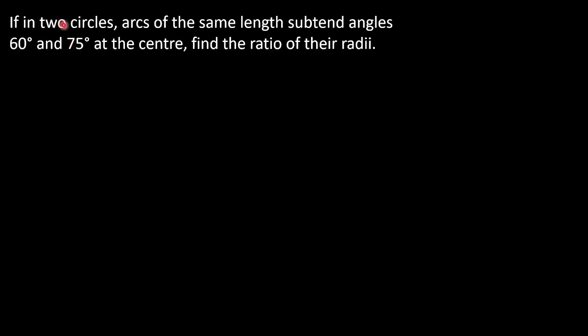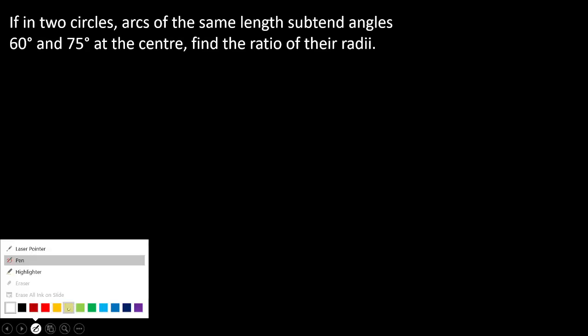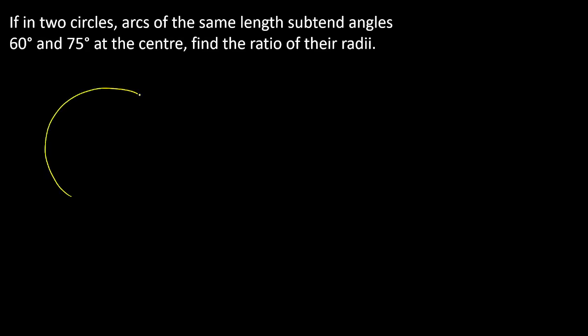Listen carefully. There are two circles, right? Let me draw a rough diagram. I am not using scale, I mean, not using the measurement. There are two circles with arcs of the same length.